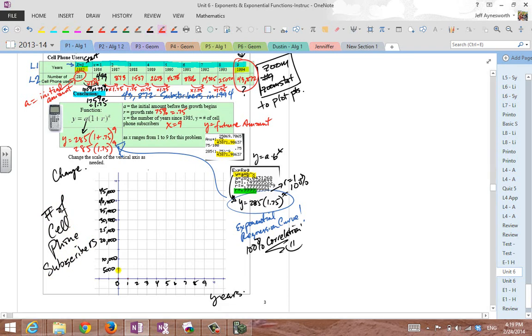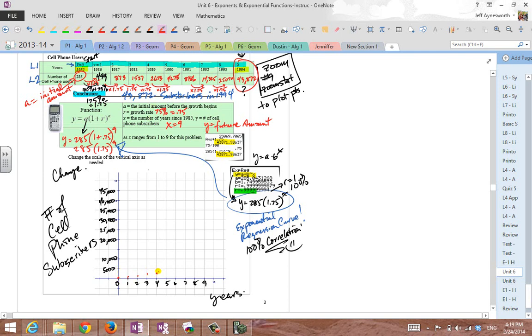At x equals 0, which is the y-intercept, you get 285, and that's barely above the axis, because this is 0 to 5,000. So you estimate. At x equals 1, we have roughly 500, just a teeny bit above it. At 2, 873, just a bit above that. At 3, 1,500, a little bit above that. At 4, 2,673, which is about halfway between 0 and 5,000.